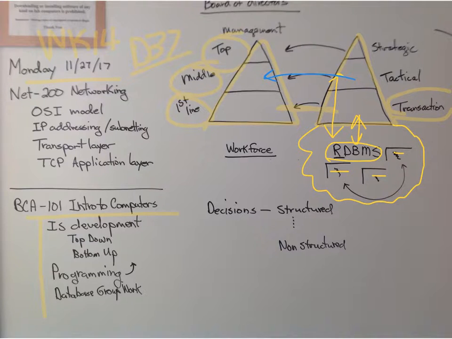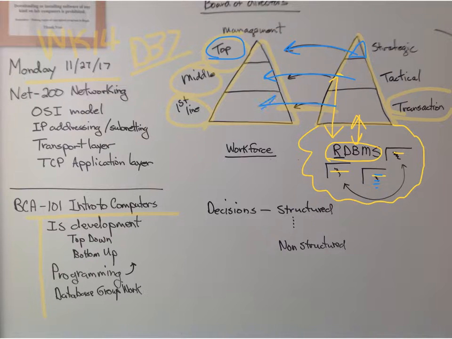And typically, as we go to the top, we have less data for strategic decisions for top level management. They're not concerned about the specific movies rented at Redbox today, but they might want to know if there's a certain type of movie that's being rented and a certain number of movies that aren't being returned and how that's all working.